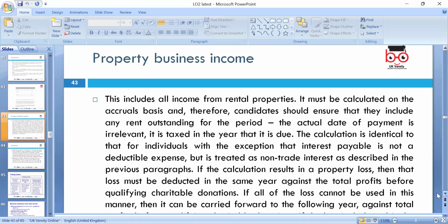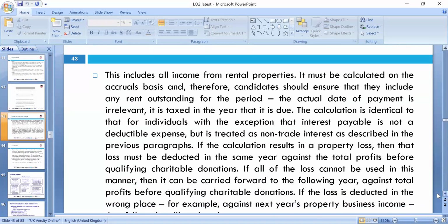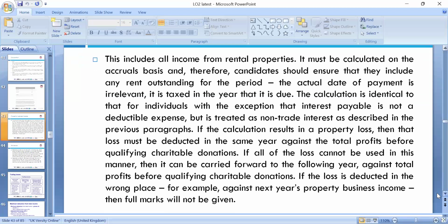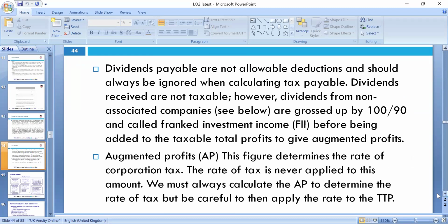So it should be calculated, and it doesn't matter whether you have received the cash yet or not. Then qualifying charity donations and any losses we have, we need to adjust accordingly. Please keep in mind, dividends payable are not an allowable deduction and are always ignored when calculating the tax, and dividends received are not taxable.